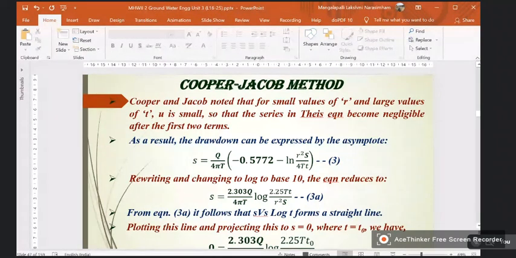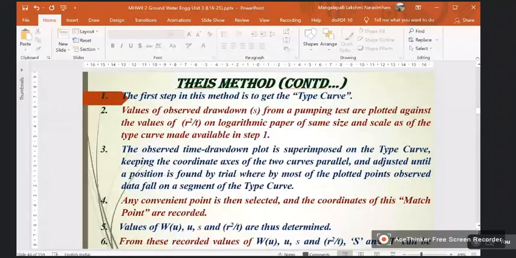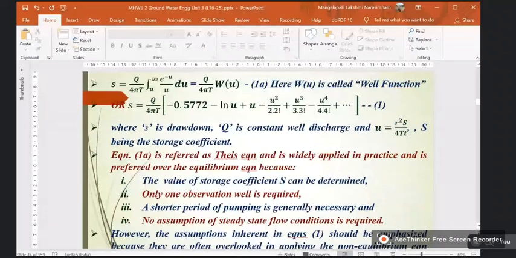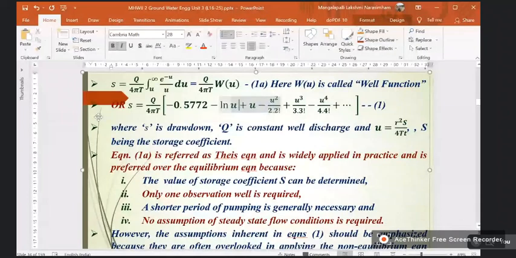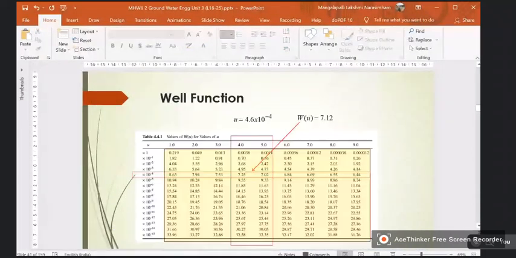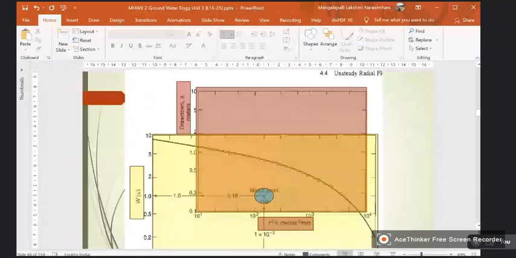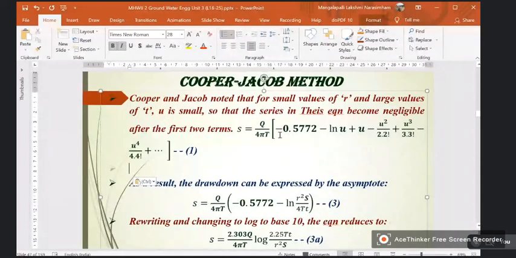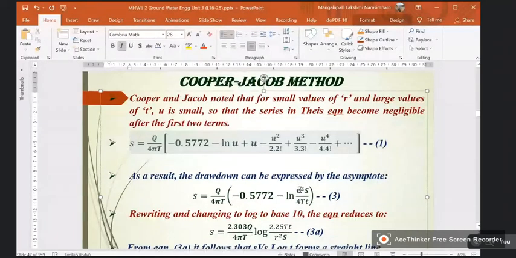In this method, the expression for the well function, which I have given earlier, this is our original expression.